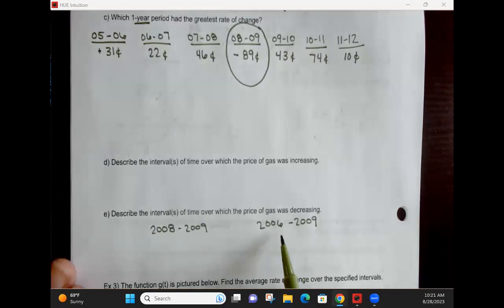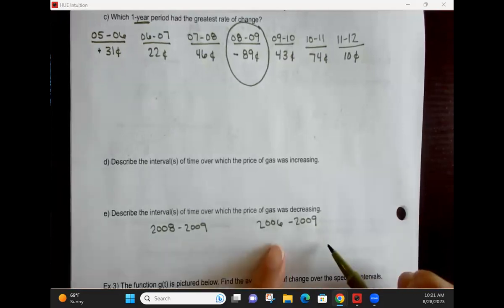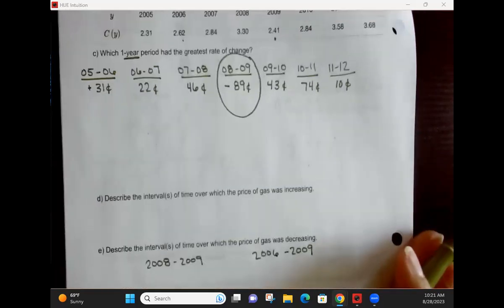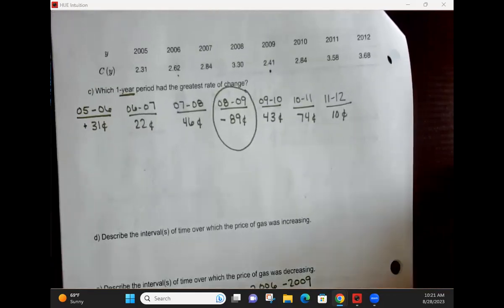Is that, when we look at the specifics for years, does that seem like an accurate statement? Probably not. But if we're talking average rate of change, the average rate of change is negative there. Okay. Another reason that I need to make sure that we're reading problems carefully and reading information carefully.